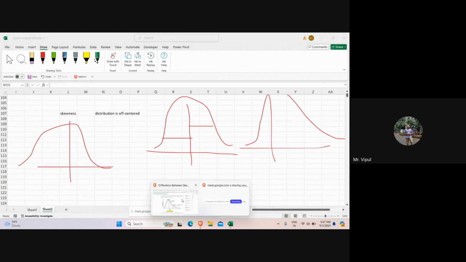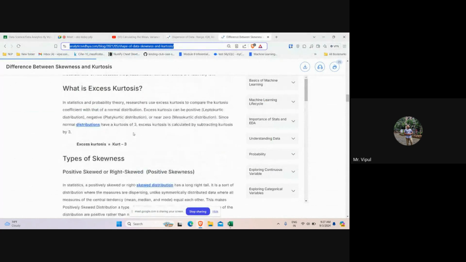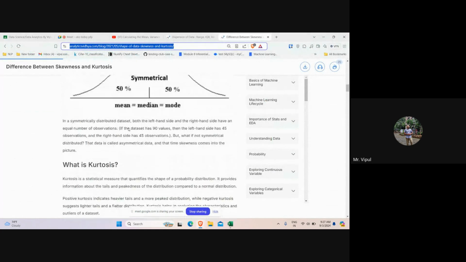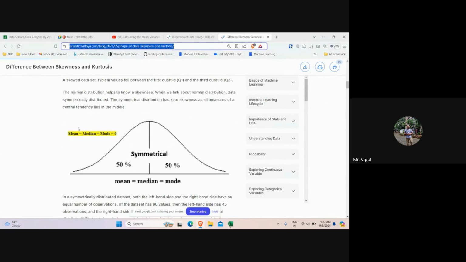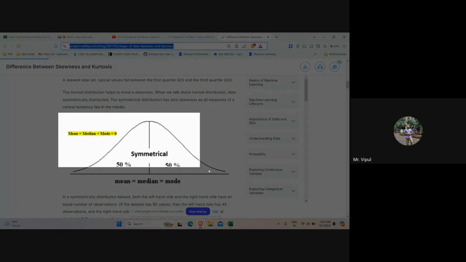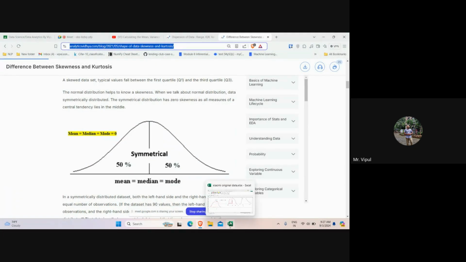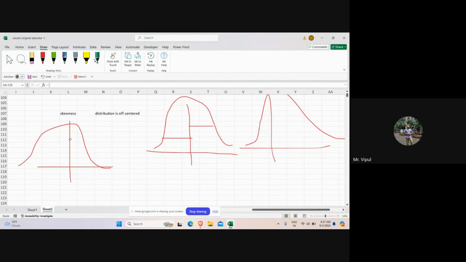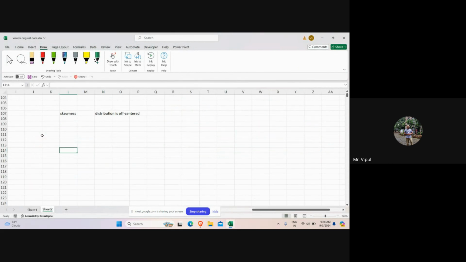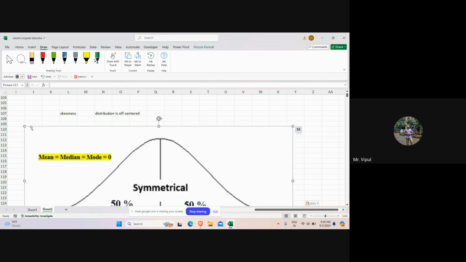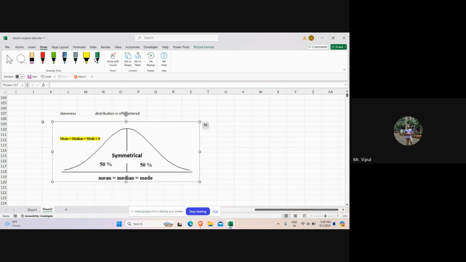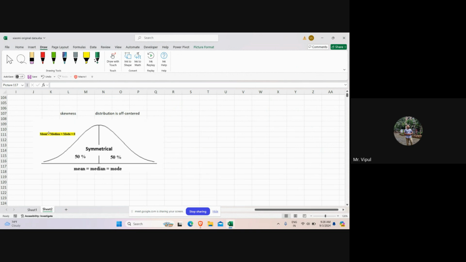Now, see, this is your symmetrical distribution, where mean is equal to median is equal to mode, and both are 0.